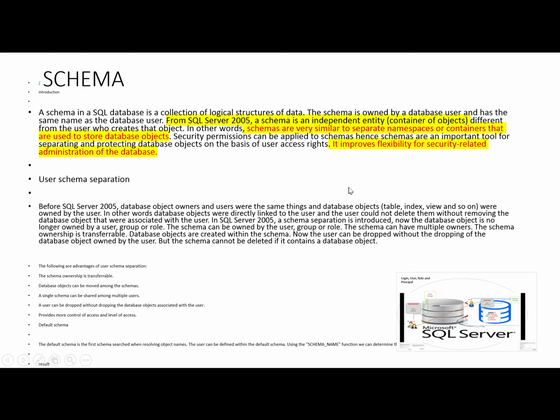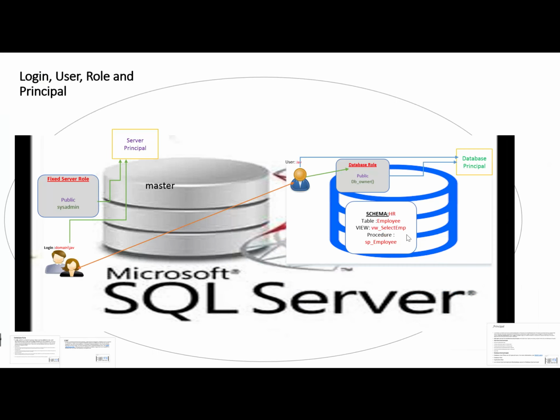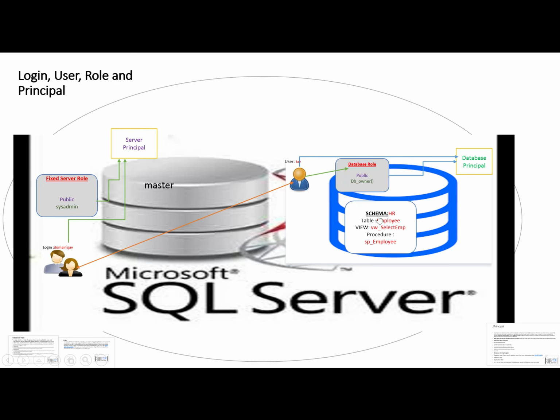So it improves the flexibility of security related administration of the database. The owner of this database can create the schemas. Schema owners can be transferred, and if the owner who created the schema is dropped, the schema is not affected.